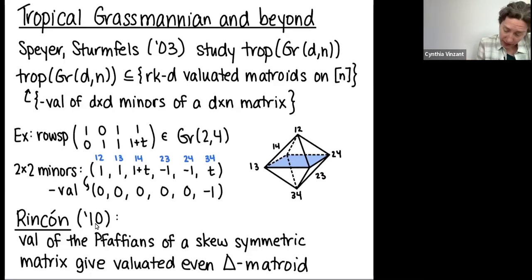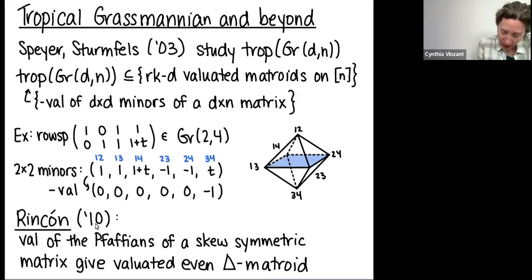For example, if we were to work over Puiseux series, we could take an element of the Grassmannian of 2 in 4 over this field. This can be given as the row span of a 2 by 4 matrix. I've chosen this one. We can record its 6 two by two minors, which hopefully I have written down correctly here.